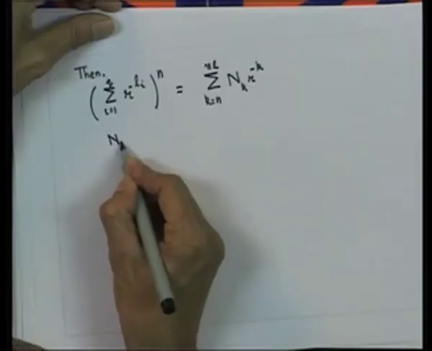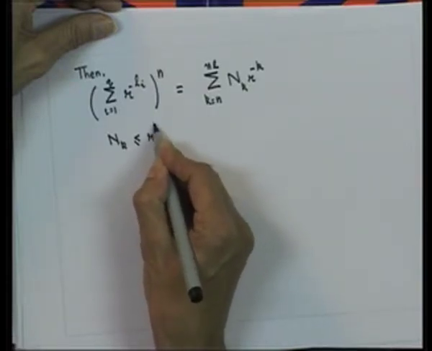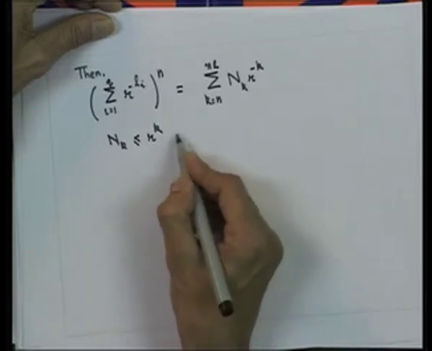So, nk has to be less than or equal to r^k.